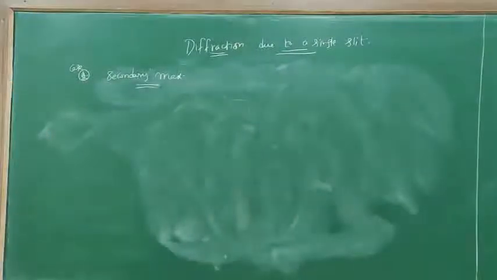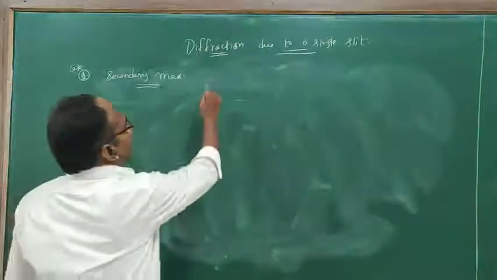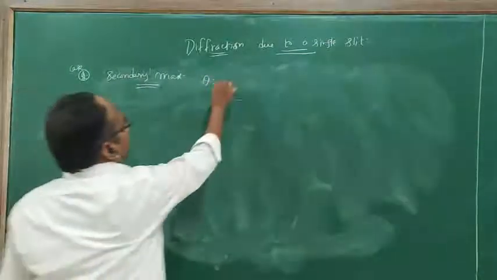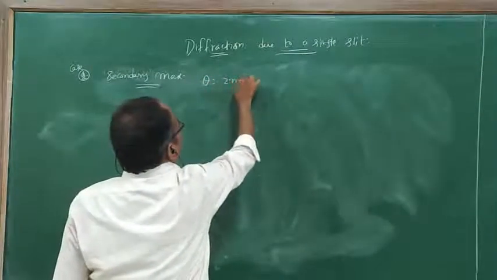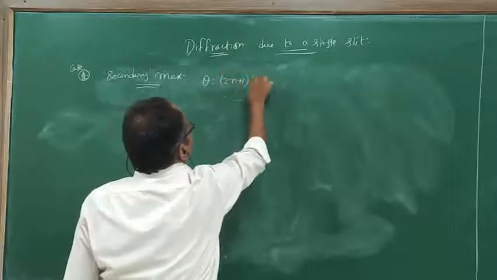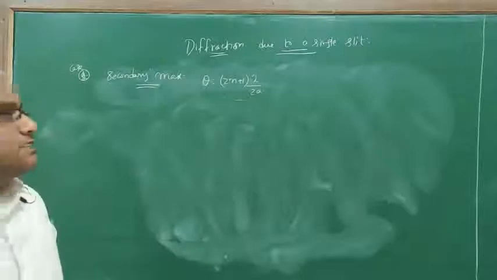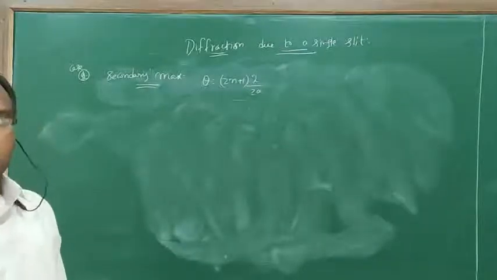Now for secondary maxima, what is the formula we are studying here? Theta is equal to 2n plus 1 into lambda by 2a. So this is the secondary maxima formula.